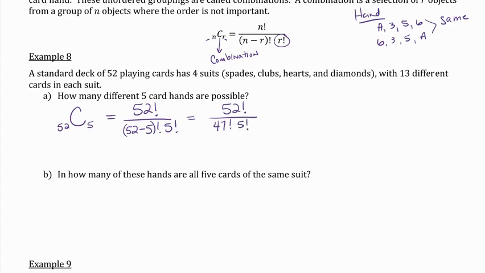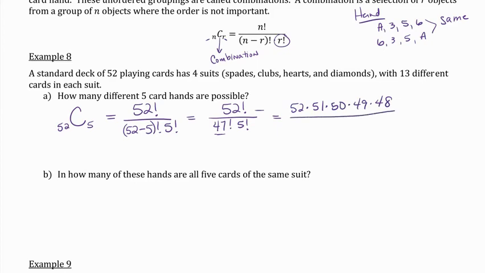Now here again, if I wrote out all of these numbers, which I don't want to do, 47 and down is going to cancel out. So this 47 and all of the 47 part up here is all going to be gone. I would just have left 52, 51, 50, 49, and 48. 47 and on is all going to cancel out with what was on the bottom.